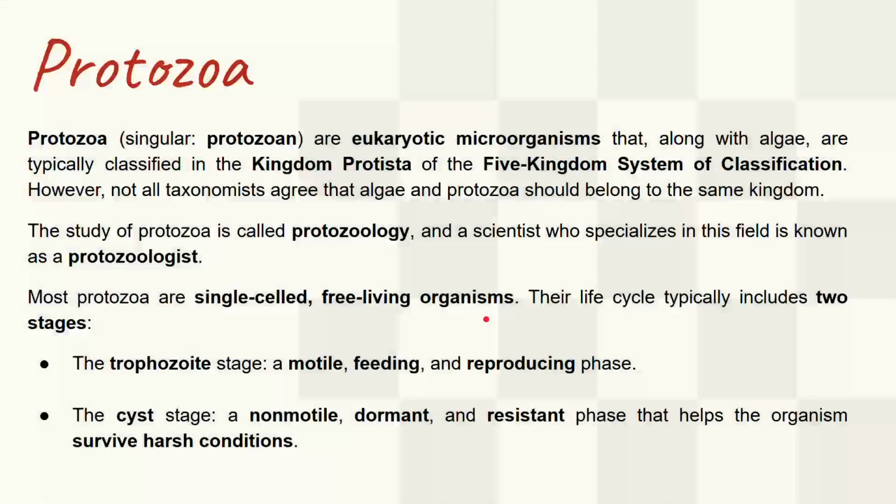Next, protozoa. Protozoa, in singular form, is protozoan. Protozoa are eukaryotic microorganisms that, along with algae, are typically classified in the kingdom Protista of the five kingdom system of classification. Again, what I stated earlier, some scientists separate protozoa and algae.